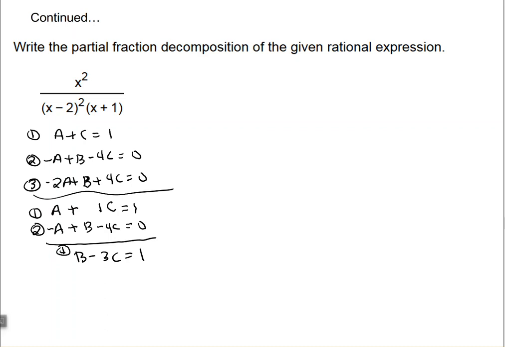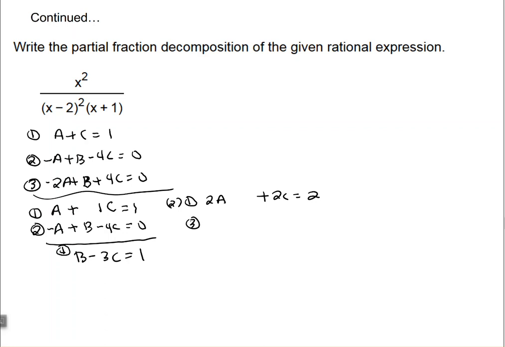Now let's combine equations 1 and 3 and eliminate a as well. So equation 1 has the coefficient of 1 on the a. Equation 3 has the coefficient of negative 2, so the least common multiple would be 2. So I'm going to multiply equation 1 by 2. And that will give me a positive 2a to eliminate with my negative 2a. So 2 times a, 2 times c, and 2 times 1.